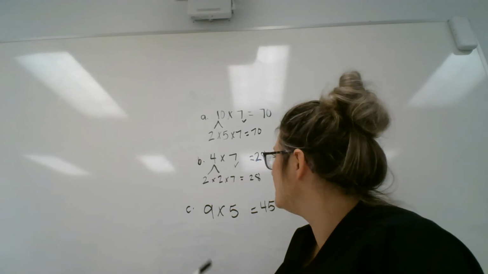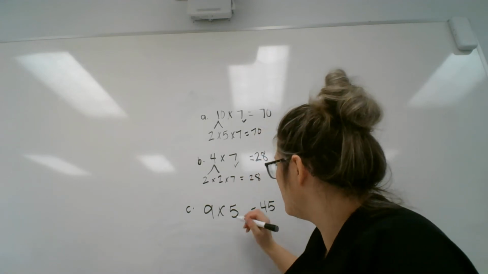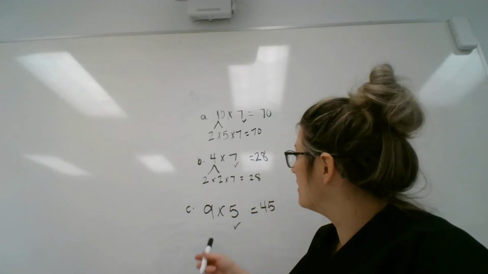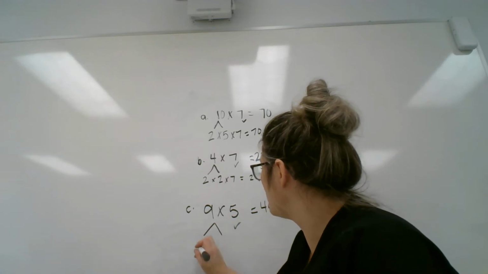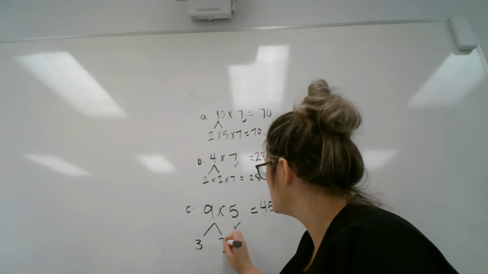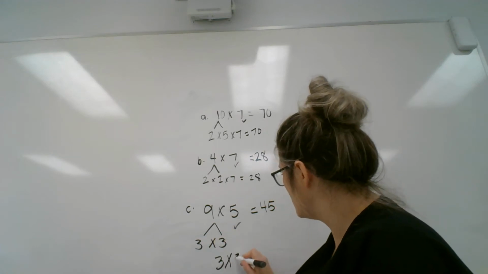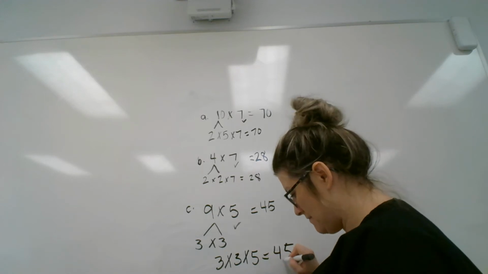I know that 9 is not a prime number, but 5 is. So I'll put a check there. 5 is a prime number. 9 is not. So what two prime numbers go into 9? 3 times 3 times 5 equals 45.